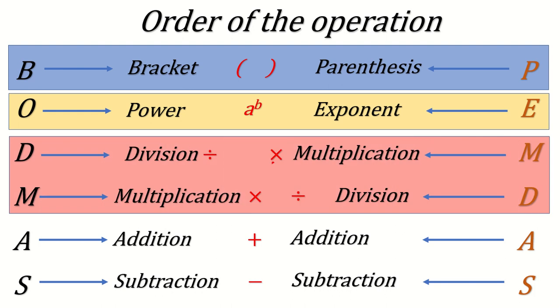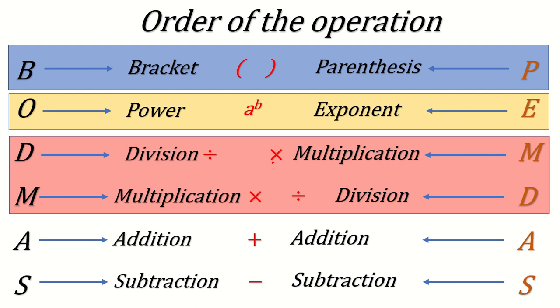The next category is division and multiplication. As I just told you, you go from left to right. For example, if you find division first, then you will do division. If you find multiplication first, then you will perform multiplication.